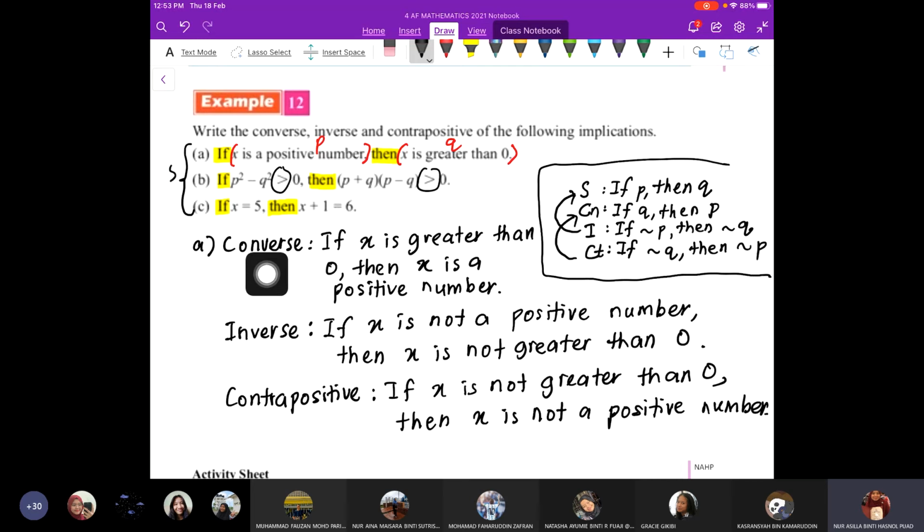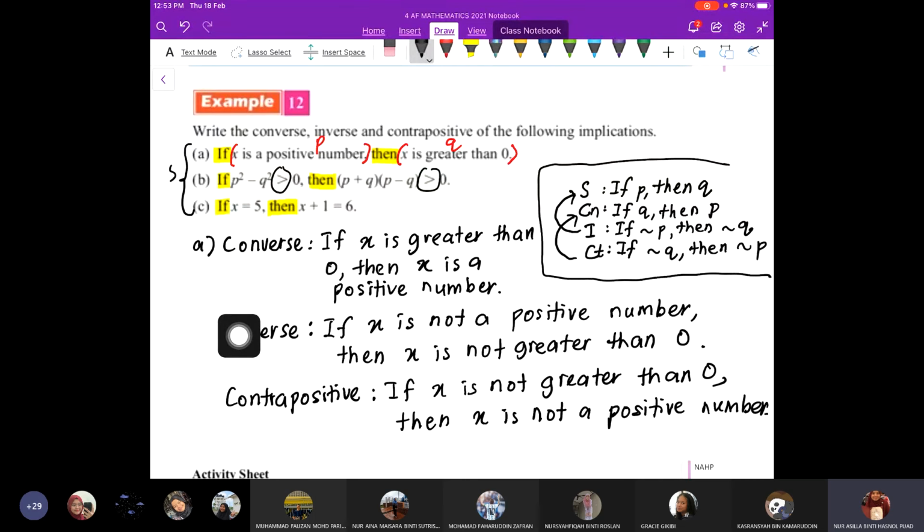Kita try Syafiqah Roslan. Yes, Miss. Okay, try converse for question C. If x plus 1 equals to 6, then x is equals to 5. Okay, good. So that is converse. If x plus 1 equals to 6, ikut je kat sini. Dia akan tukar kedudukan P and Q. Then, so x equals to 5.